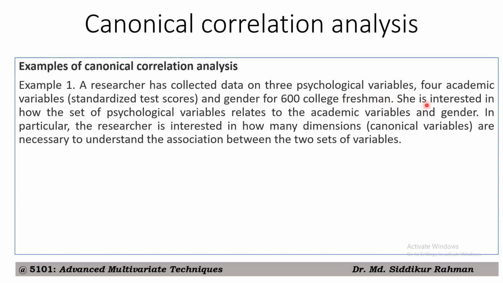The researcher is interested in how the set of psychological variables relates to the academic variables and gender. In particular, the researcher is interested in how many dimensions, that means how many canonical variables, are necessary to understand the association between two sets of variables. So for this example, you can apply the canonical correlation analysis.